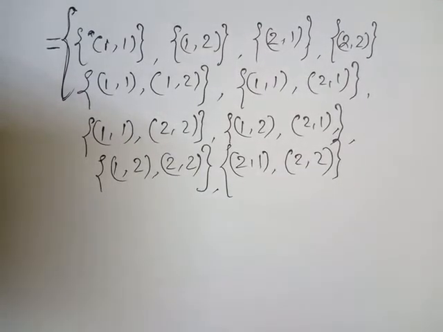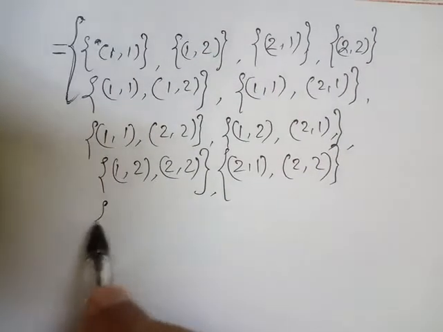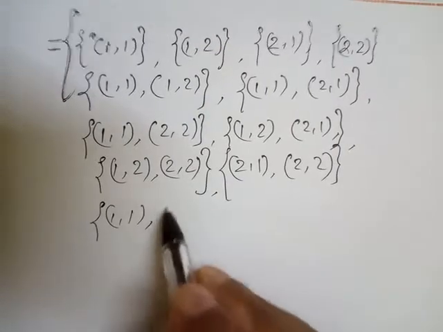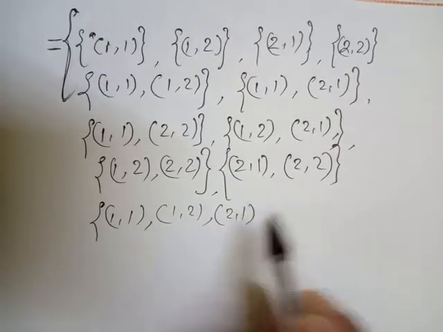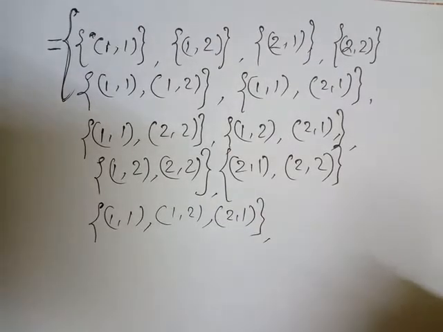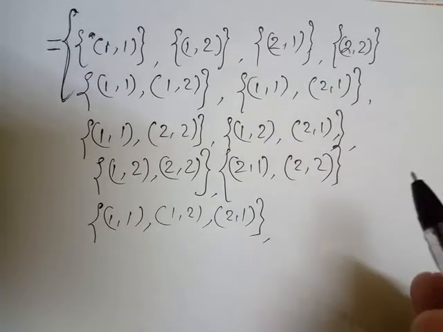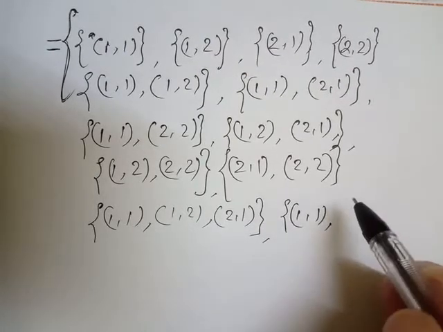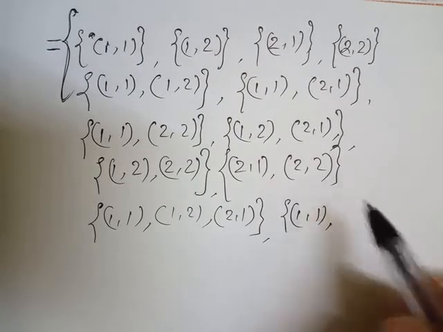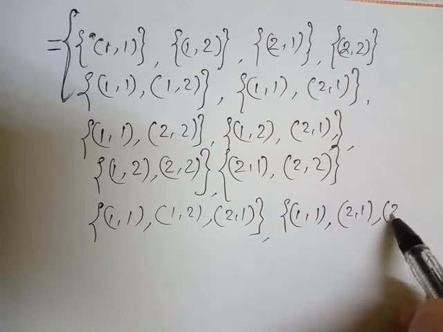Okay, now next one. Now student, in the next one, (1, 1), then (1, 2), then (2, 1). After that, next one would be (1, 1), then (2, 1), then (2, 2).